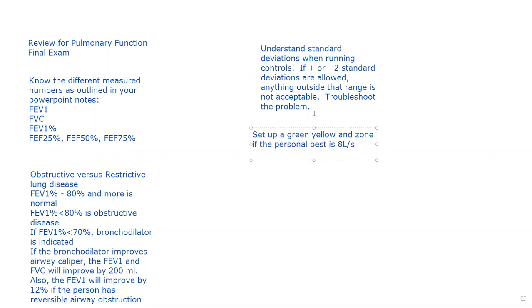Then to figure out when it drops below 80% of that, 8 times 0.8 is 6.4.